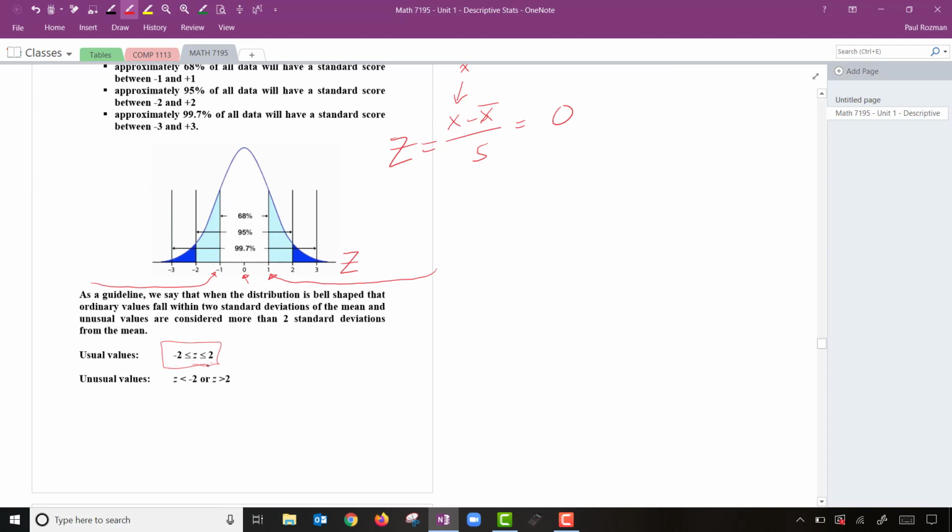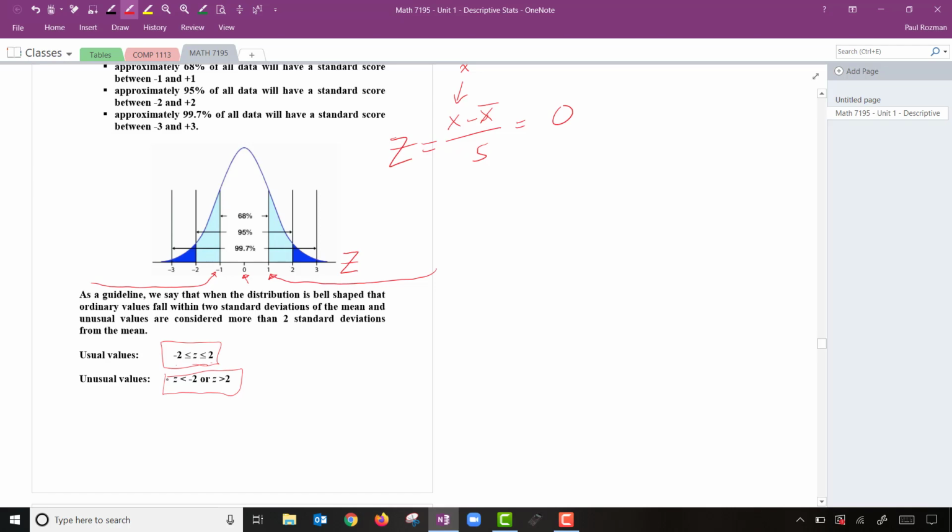We're classifying 5% of our data as somewhat unusual. So whenever you encounter a score outside of that -2 to +2 range, you can start to do further investigation. Why did such a thing happen? Did you just get unlucky? Of course, I said this is a guideline.